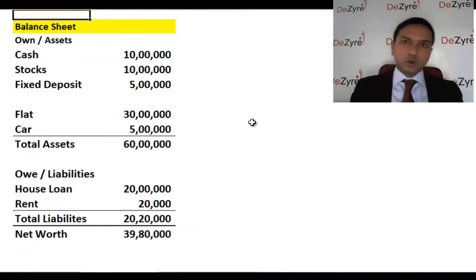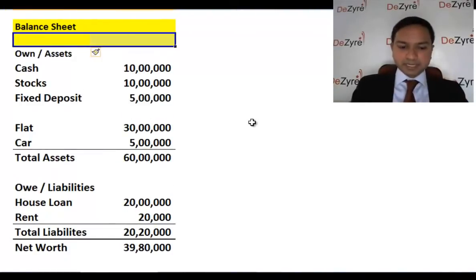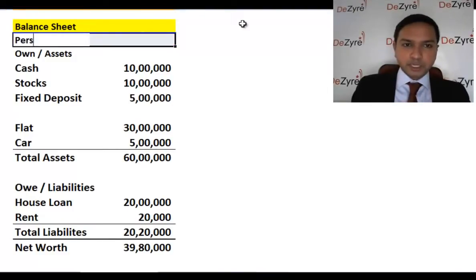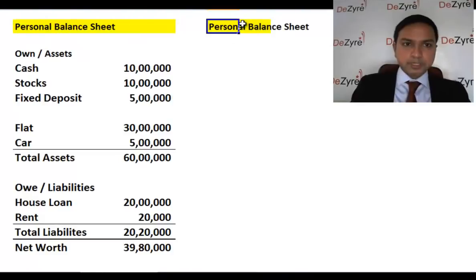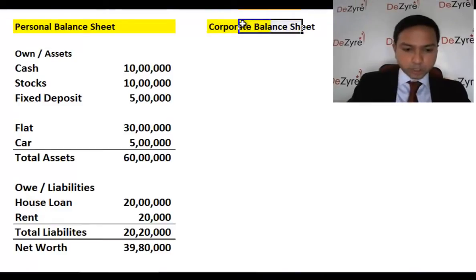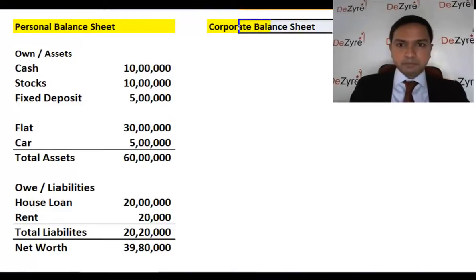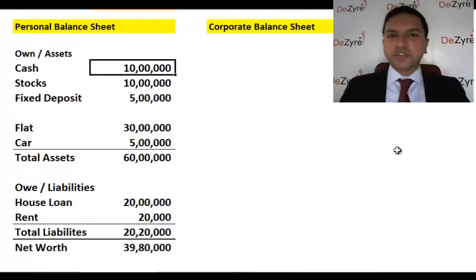A company has its own balance sheet, and I'm going to draw this side by side, so you know there is not a world of difference between your balance sheet and the company's balance sheet. I'm going to say this is your personal balance sheet, and then we're going to roughly look at what is a company's balance sheet. So hopefully that is intuitive enough to you.